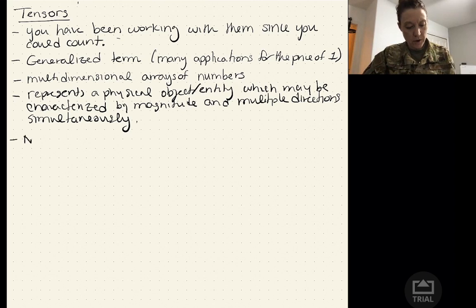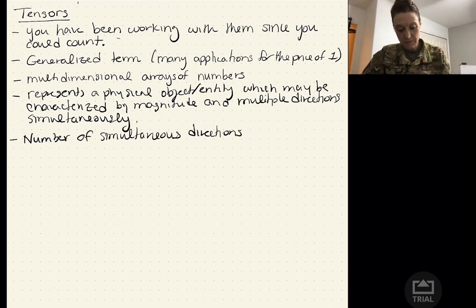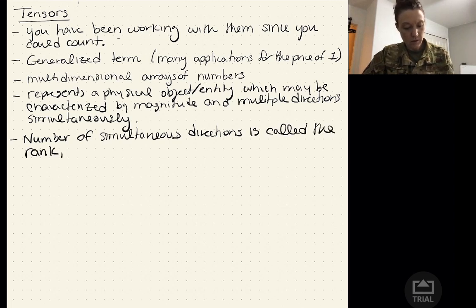So the number of simultaneous directions is called the rank of the tensor. And what this does is it allows us to define how many different numbers or components are required to describe this entity or this object.